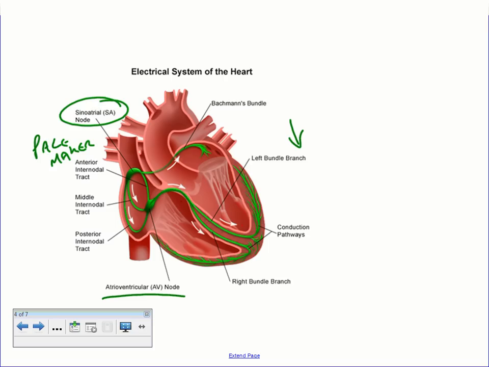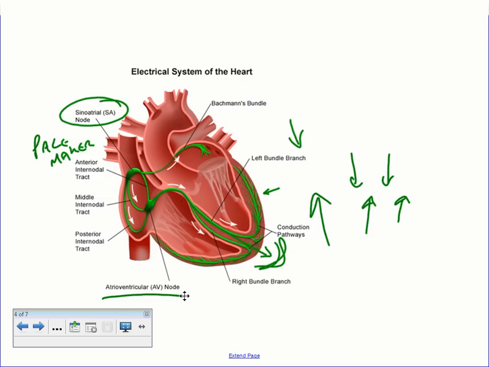It's then going to send the signal all the way down to the apex of the heart, which is the bottom here. And then through the Purkinje fibers, which are these things here, the signal passes back upward. So we're going to get a contraction that pushes up. So it's going to be a down push, up push, down push, up push of the heart. And we're going to pump that blood all throughout the body.